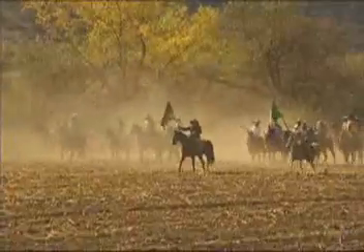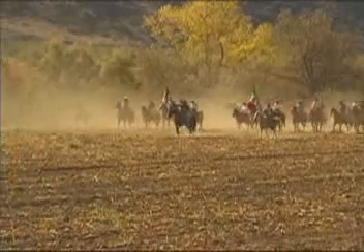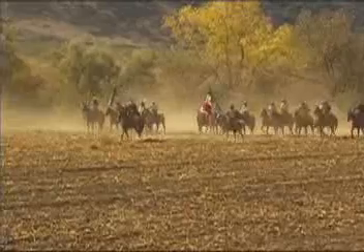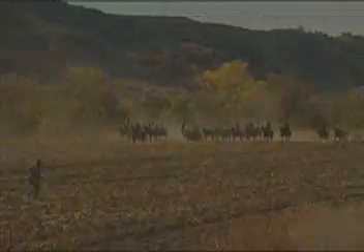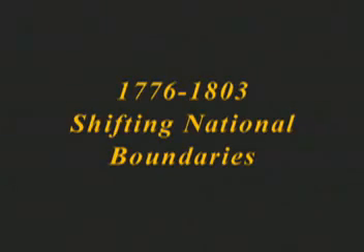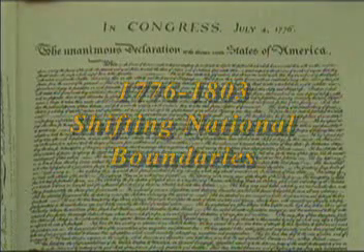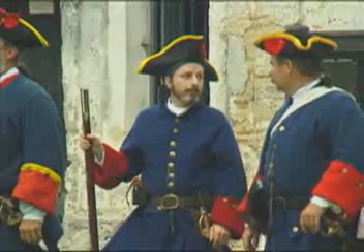In order to understand what caused the conflict between the United States and Mexico, it is important to understand how the land of North America changed hands during the early years of the American Republic. By the time the 13 colonies declared their independence from Great Britain in 1776, Spain controlled almost all the land west of the Mississippi River.